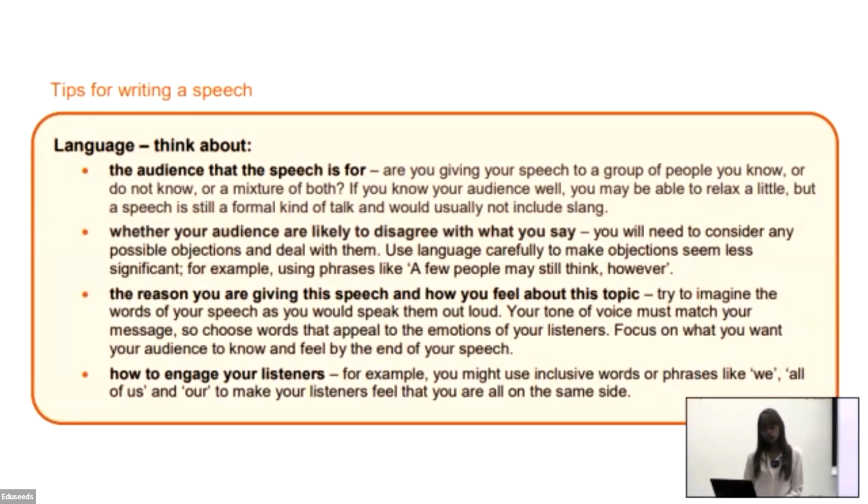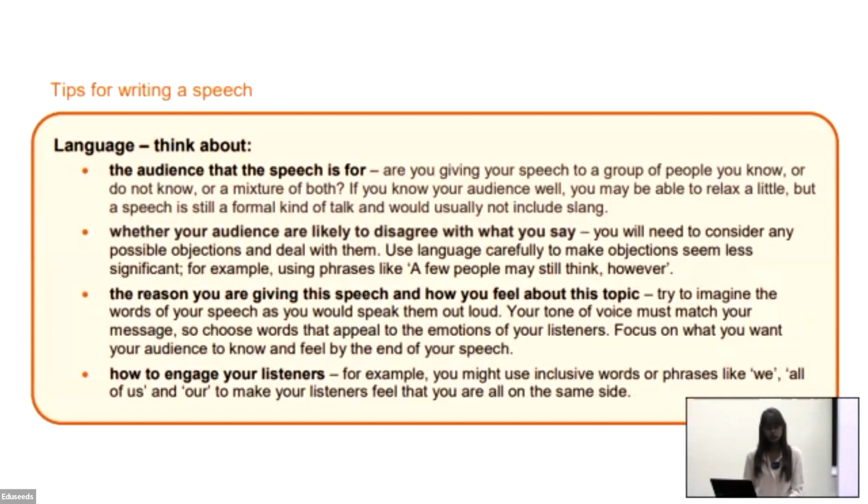If you know your audience well, you may be able to relax a little, but still a speech is a formal kind of talk and would not usually include slang. So you cannot use slang in this writing. Consider whether your audience are likely to disagree with what you will say. You need to consider any possible objections and deal with them.